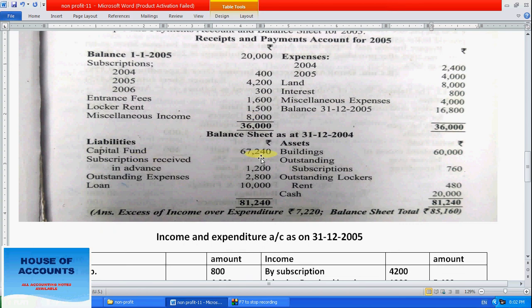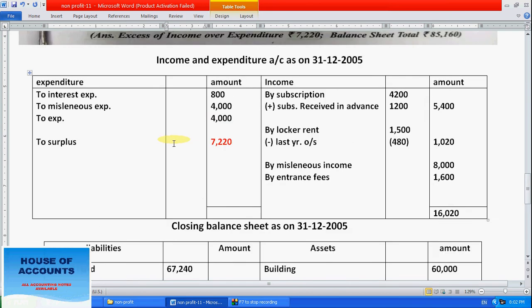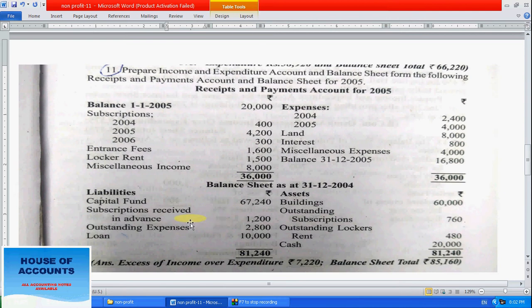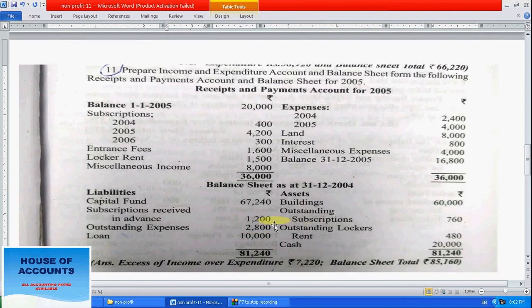Okay, capital fund 67,240. So write capital fund 67,240. Okay, after that, subscription received in advance, we have received subscription, so we already added it here, no problem, 1200. Next, outstanding expense, last year expenses, there is 2800 we have to pay as pending expenses, but we have paid 2400 only, so 400 still we have to pay.